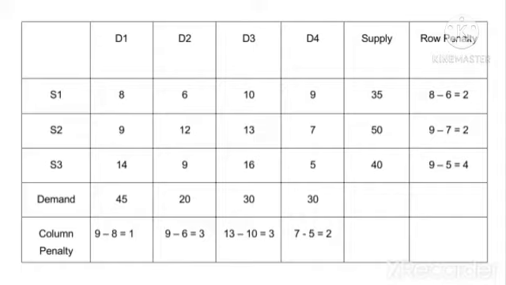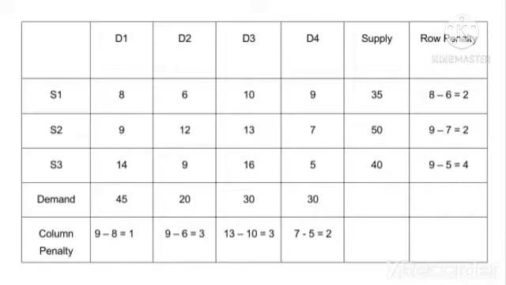For the first column, 9 minus 8 equals 1. Second column, 9 minus 6 equals 3. Third column, 13 minus 10 equals 3. And the fourth column is 7 minus 5 equals 2. To get the allocation, we need to find the maximum penalty from the rows or from the columns.